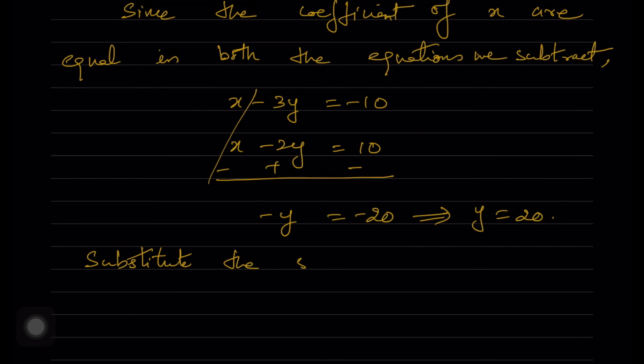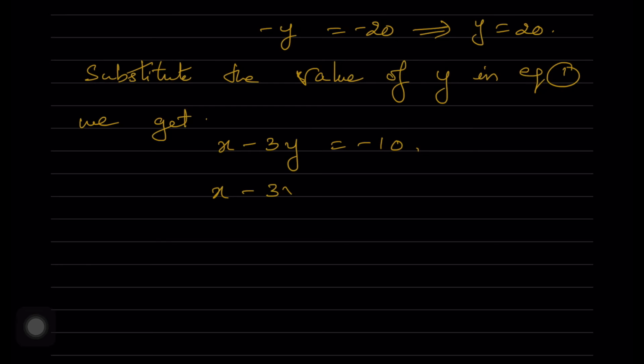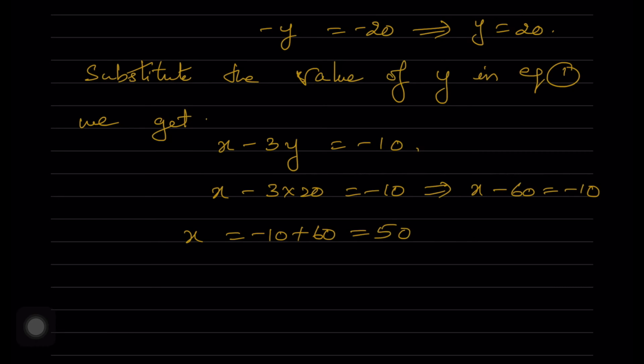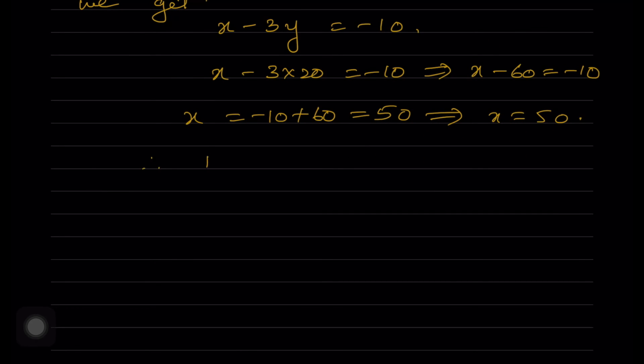So substituting y = 20 in equation 1, we get x - 3y = -10, or x - 3 times 20 = -10, which implies x - 60 = -10, which means x = 50. So the age of Noori is 50 years and the age of Sonu is 20 years.